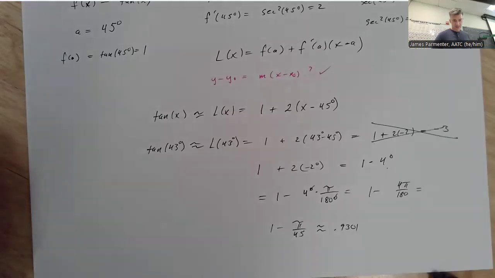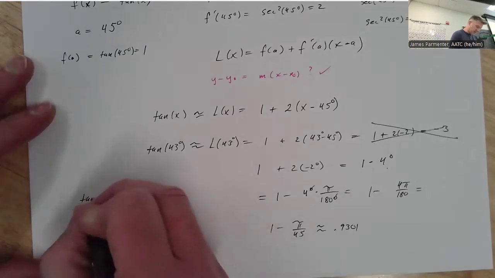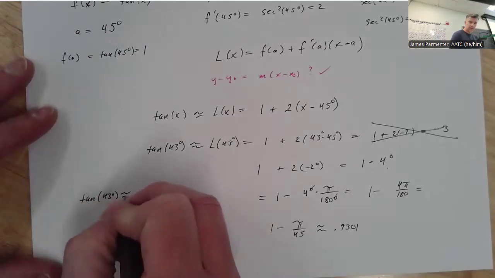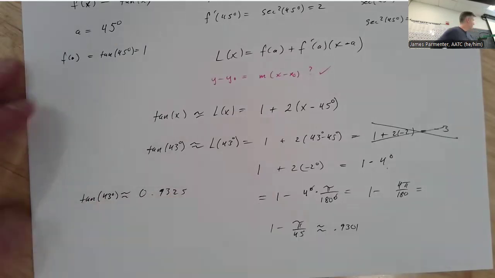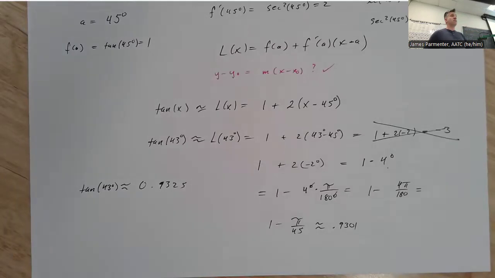It's annoying. Oh, it does. Okay, fine. So tangent of 43 degrees is approximately 0.9325. So not a bad answer once we got to the right units.